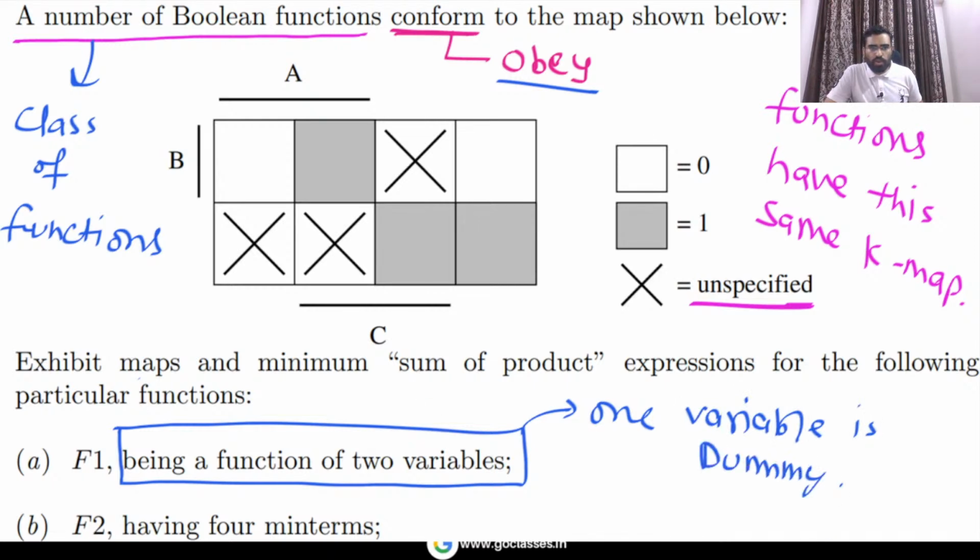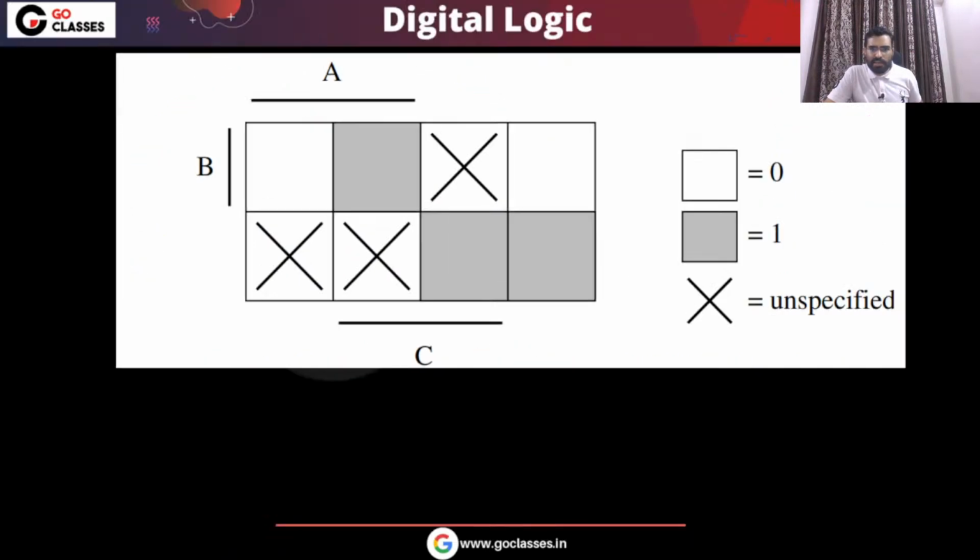Okay, so look at this and tell me which variable can never be dummy. See, these are the don't cares, but tell me which variable is never dummy. Look at this K-map and tell me.